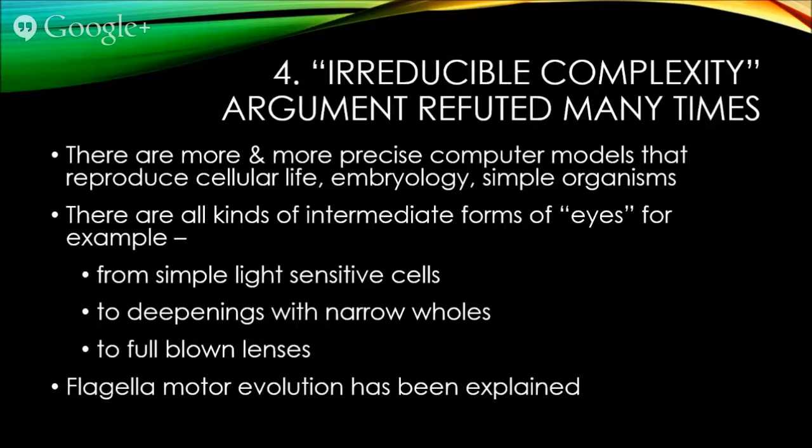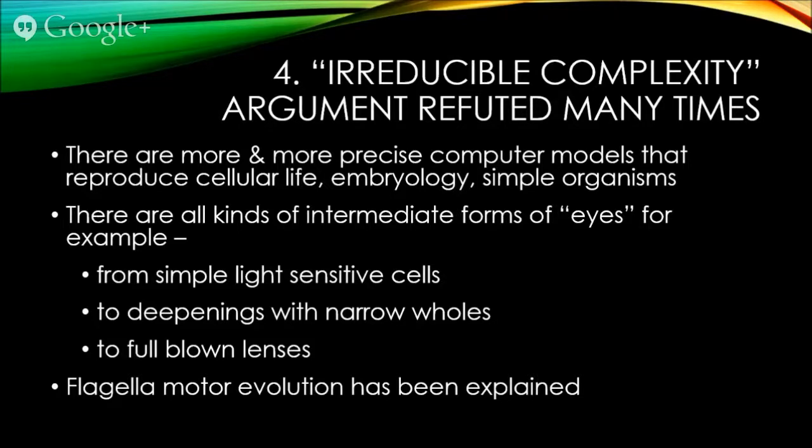For example, you can give a simple formula which creates an infinitely complex set in mathematics. You can create a very simple set of rules by which nature interacts and works and evolves into very complex structures. If we take any example that they take, these arguments have been refuted many times.